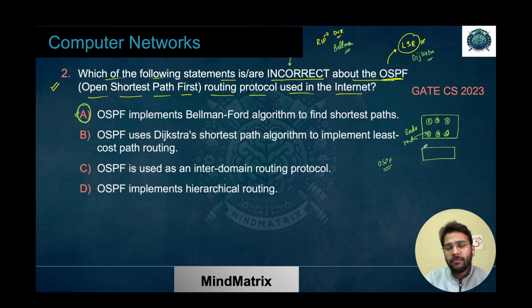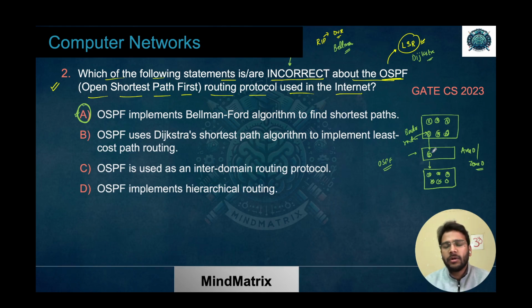And here we have another layer which we call area 0, or sometimes zone 0, and then we have another set of routers here. Clear? This is the concept for OSPF. So this border router is going to transfer the information to area 0, and then area 0 is going to transfer the information to another set of routers. Clear?